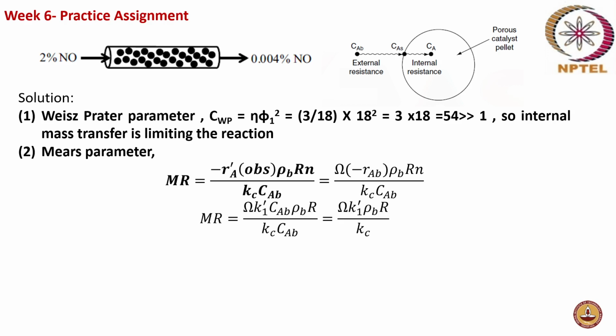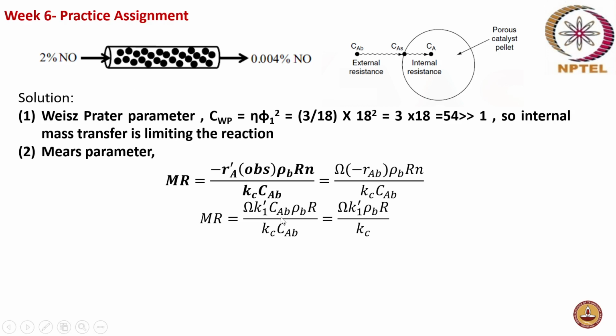Now, we can express this bulk reaction rate as K1 prime into CAB, and it is a first order reaction. Substituting these two, the Mears parameter is equal to the overall effectiveness factor omega into K1 prime into CAB into rho B multiplied by R divided by Kc into CAB.